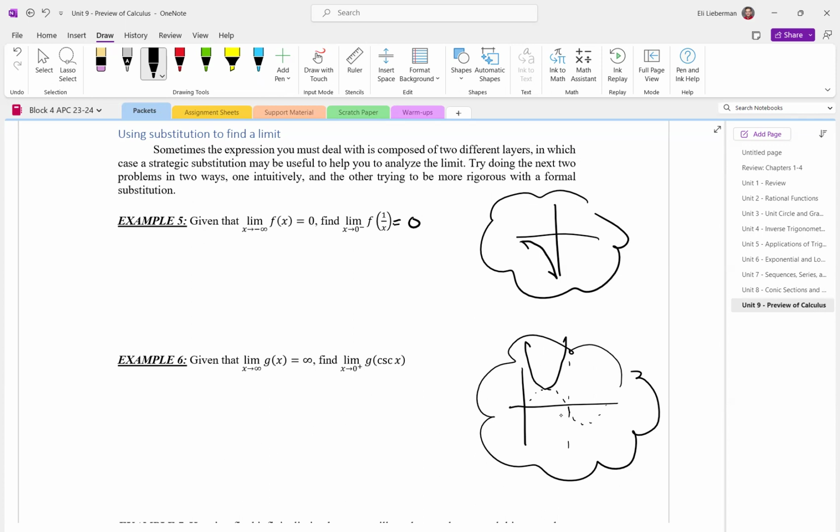It's going to 0. It's the same function. Yeah, so then you have to go back.